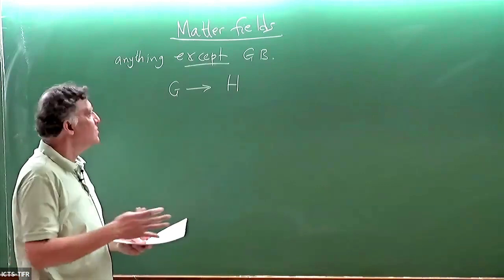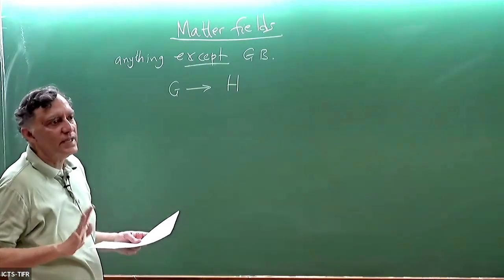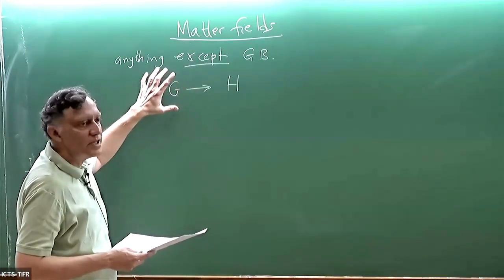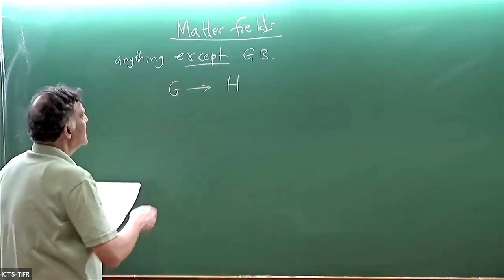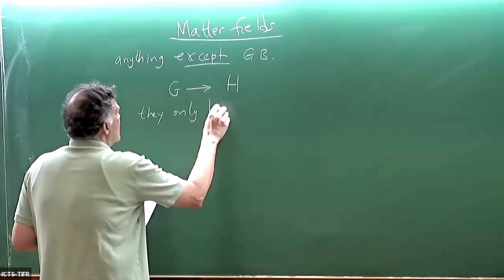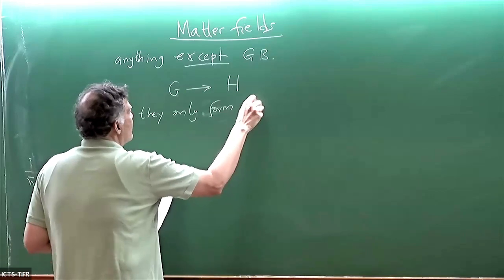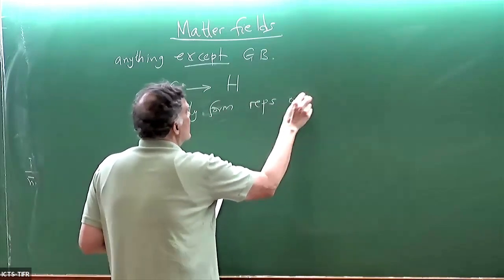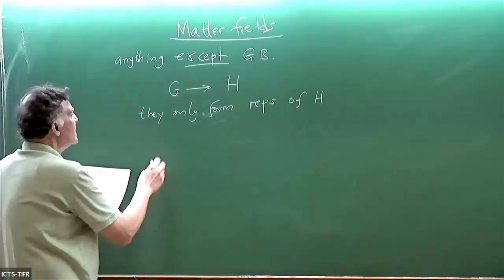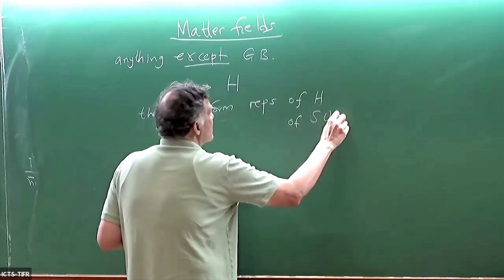And the symmetry G has been broken down to H. So there's no sense in which these matter fields have any transformation under G. They only form, let's say, representations of H. And what that means in QCD is that they only form representations of SU3 vector.